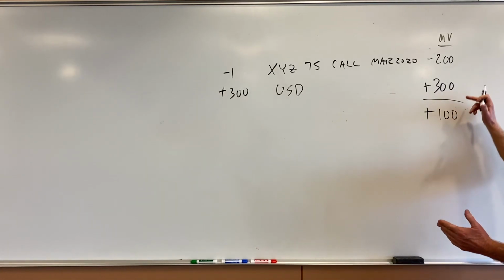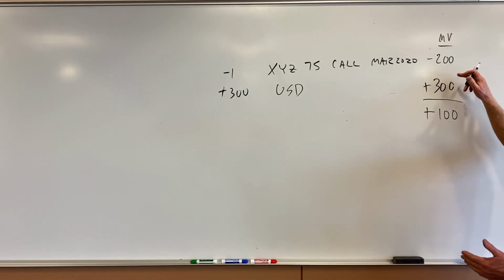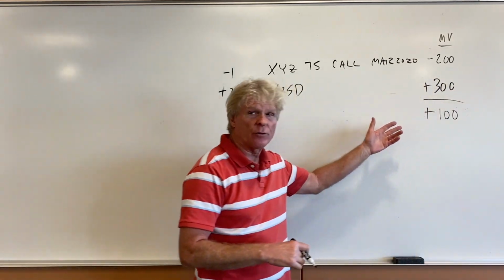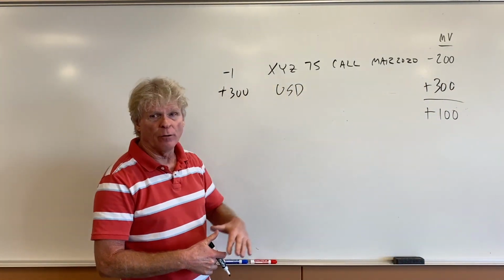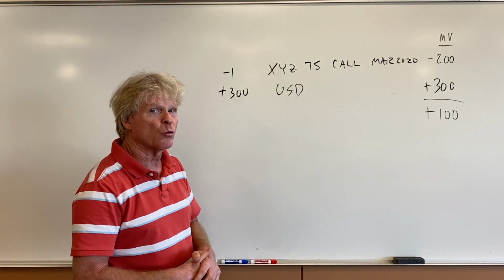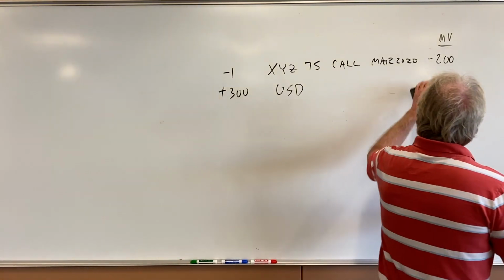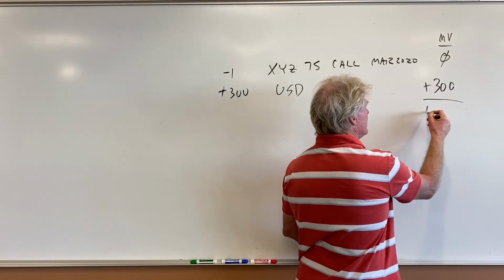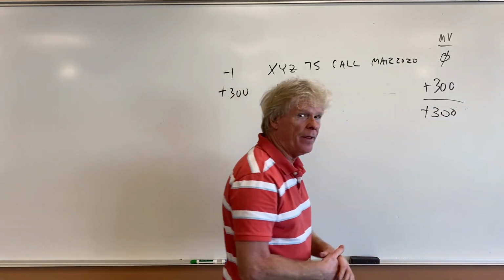Okay, so right there, at this moment, I've actually increased my wealth as of that moment by $100. What we're hoping is that the call option expires worthless so that at some point, the market value is 0, and then we see plus 300 there.